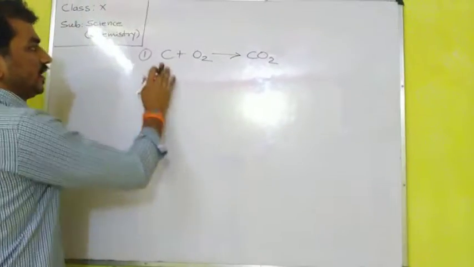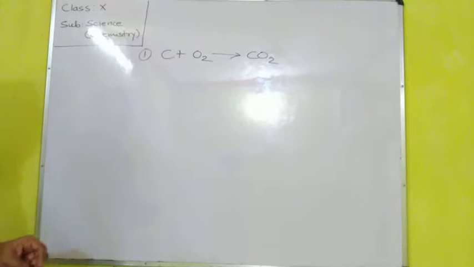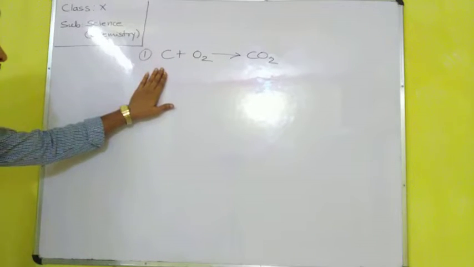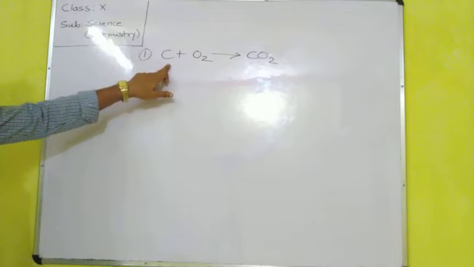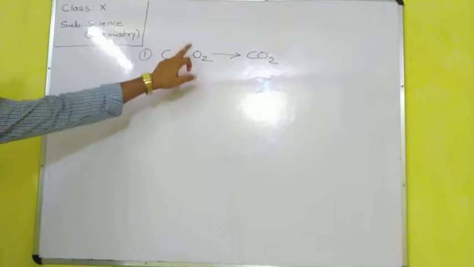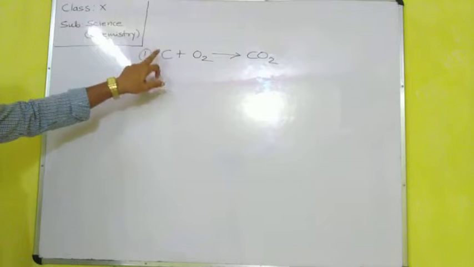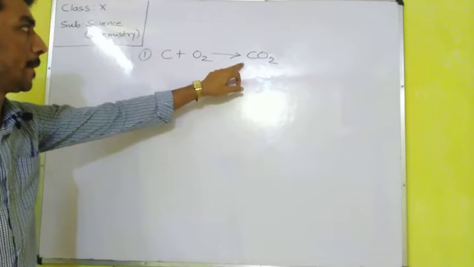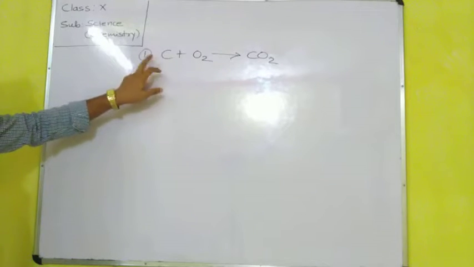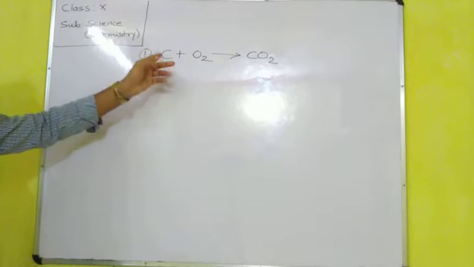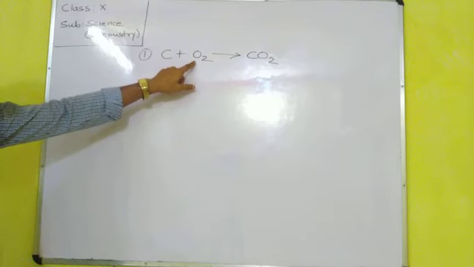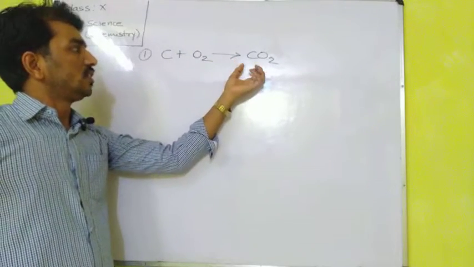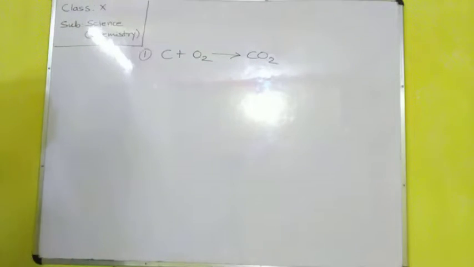Here in the reactant side, one atom of carbon is present, and no metal is present, so we proceed to the second step, non-metals, except oxygen. Carbon: one atom in the reactant and one atom in the product, so carbon is balanced already. Next we proceed to oxygen: 2 atoms of oxygen in the reactant side and 2 atoms in the product side, so it is already balanced.